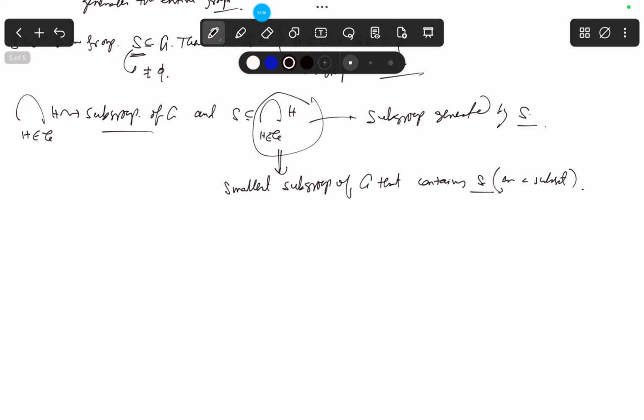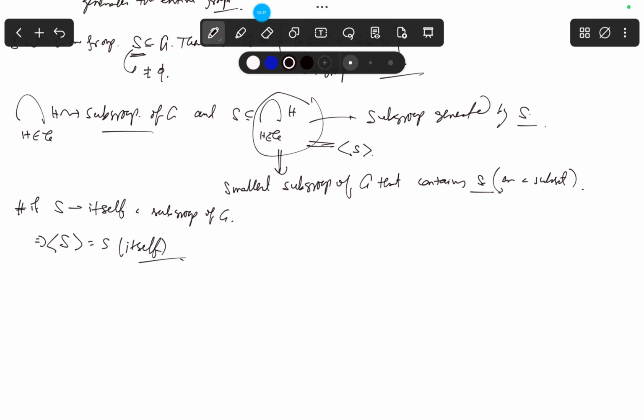So you can easily determine that if S is itself a subgroup of G, then this will readily imply that the subgroup generated by S, which we usually denote in this way, is basically S itself. Alright?